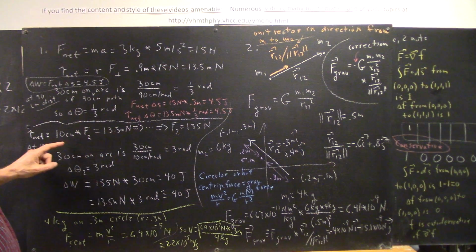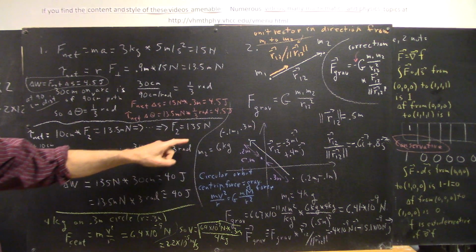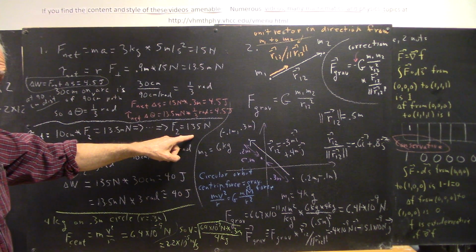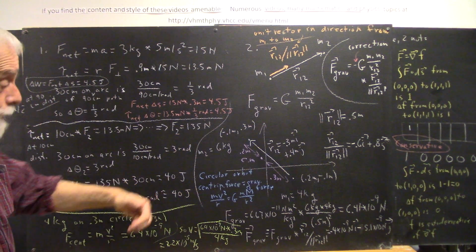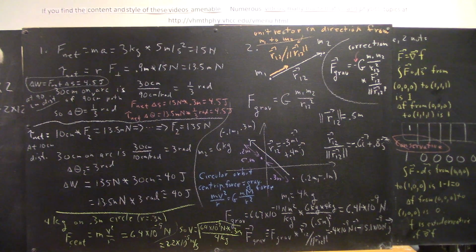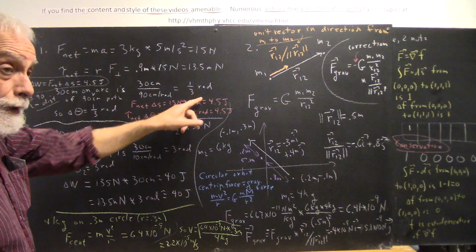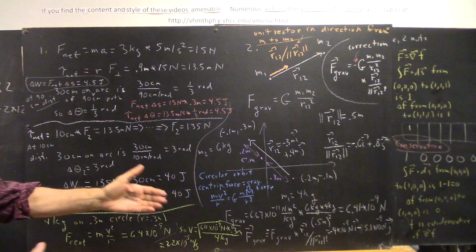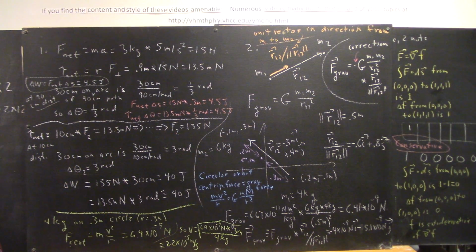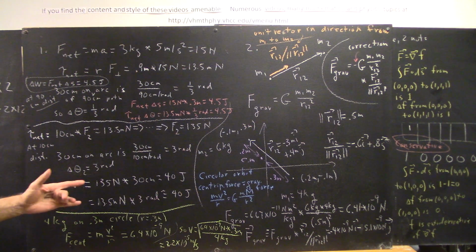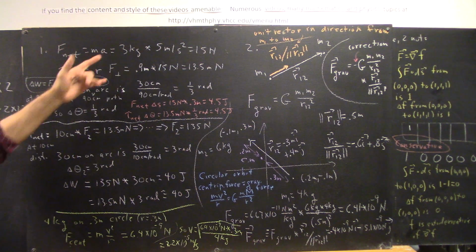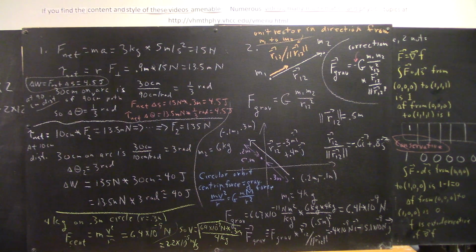So because we're closer to the axis, we're exerting more force through 30 centimeters of arc. Alternatively, we're closer to the axis, so that 30 centimeters of arc is 9 times as many radians because we're 9 times closer to the axis. So you want to sort those ideas out and understand in some depth how these two calculations are related.